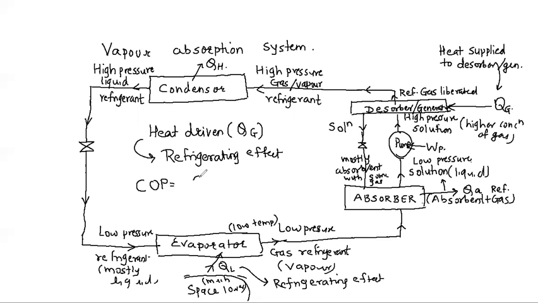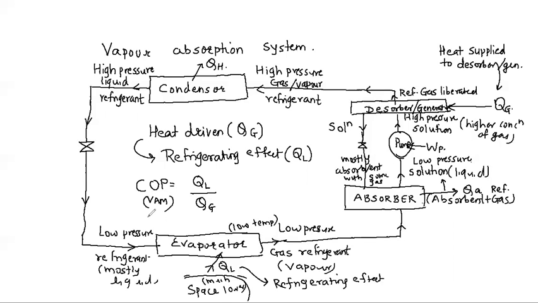The desired effect is QL, the refrigerating effect. So how much refrigerating effect one gets from this system, and for that, how much heat is to be supplied, that gives you the coefficient of performance of the vapor absorption machine.